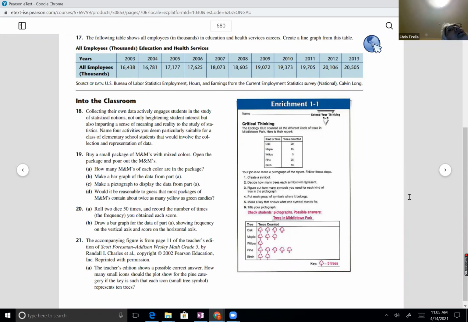I mean, I don't ask you guys to collect data, but it's along the ideas that when we were looking at things like the mean, median, and mode, we used information about you. How many brothers or sisters do you have? Or what size shoe do you wear? Where I collected data from the class.